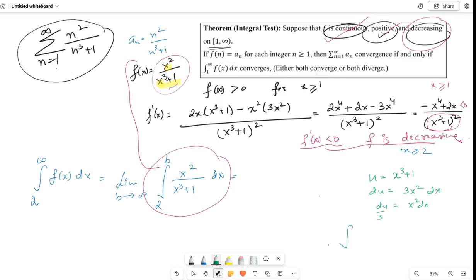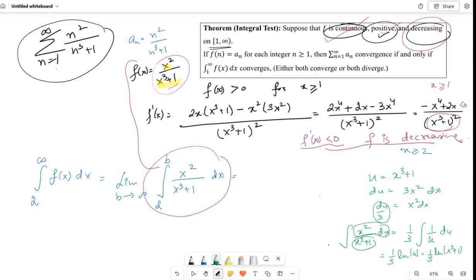That means the integral of x squared by x cubed plus 1 dx can be written as what? 1 by 3, 1 by u du. Because this is u, x squared dx becomes du by 3, which is 1 by 3 natural log of u. 1 by 3 natural log of x cubed plus 1.